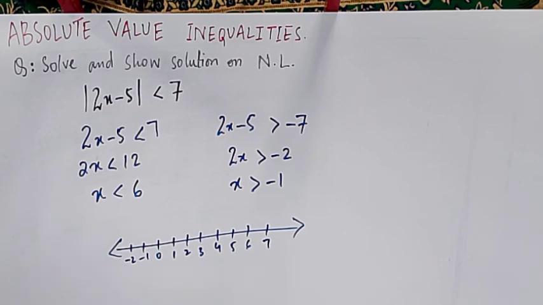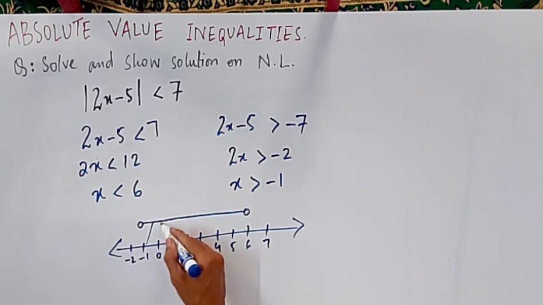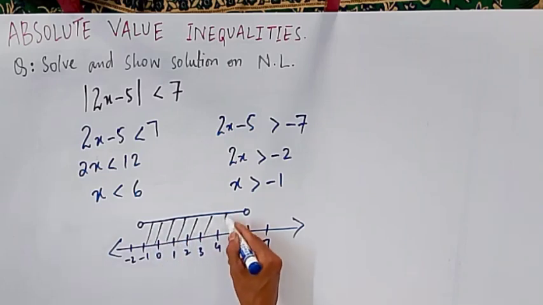X greater than minus 1 means that it will start from minus 1 but without a filled circle, as it is only greater than minus 1, and it will go till 6, and here as well. So remember one thing: all the values of x which come in between minus 1 and 6 will be your answer. So this will be your solution.